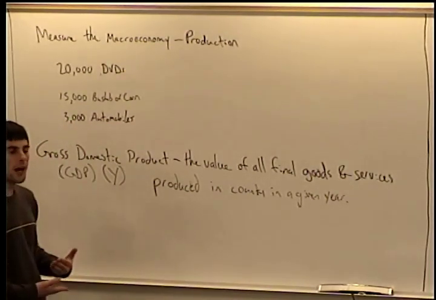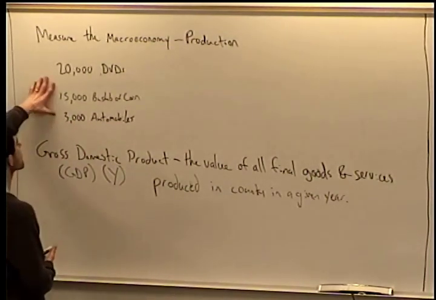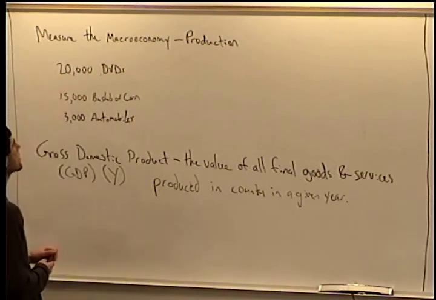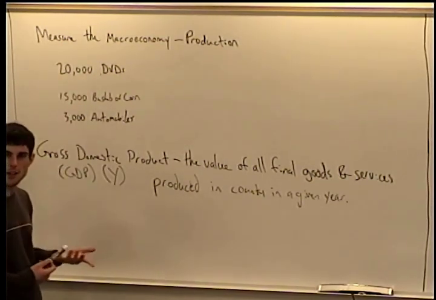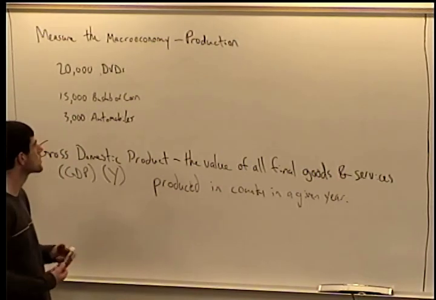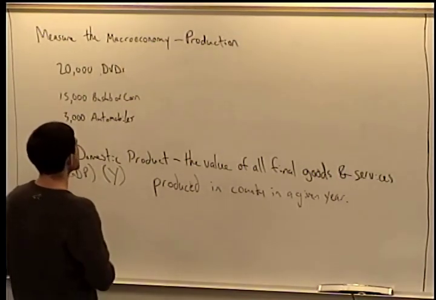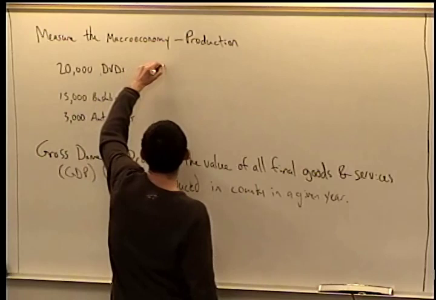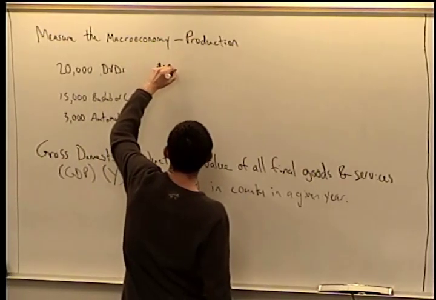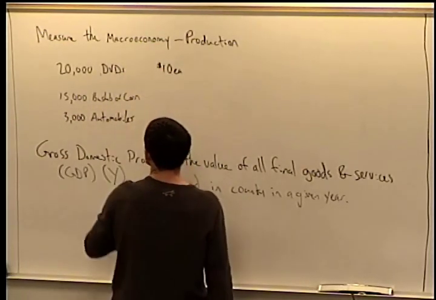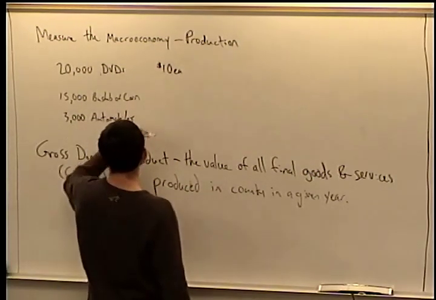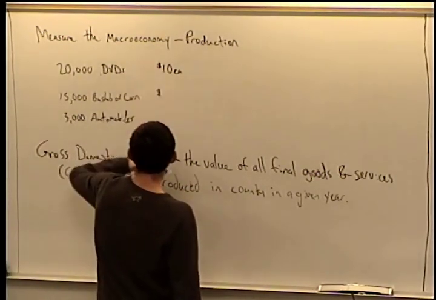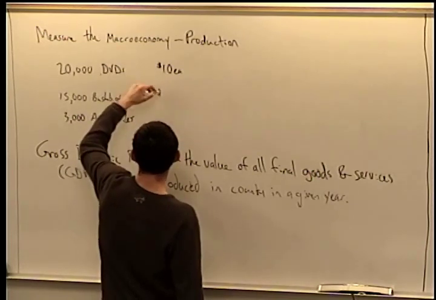So, for example, how would we calculate the value or the GDP of this economy? Well, what's the value of a DVD? Well, isn't that equivalent to the price? So if we know that we produced 20,000 DVDs, and let's just say that they were $10 each, and corn, we have 15,000 bushels of corn, and let's just say that each bushel cost $1.